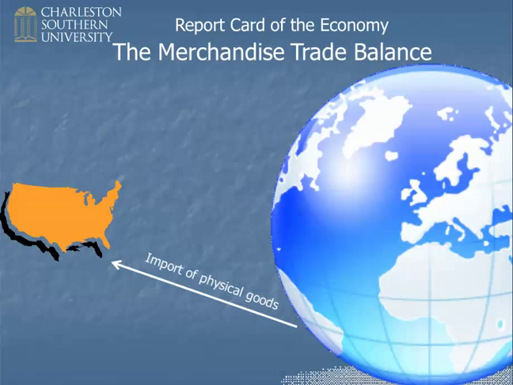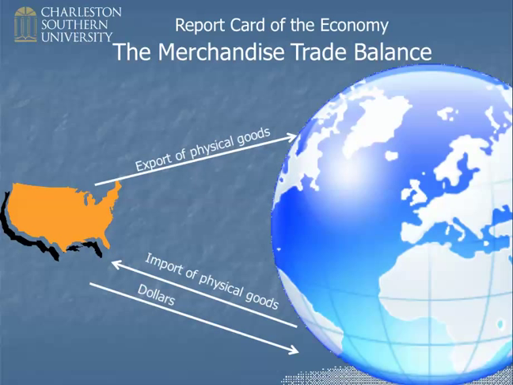But the merchandise trade balance focuses only on tangible, physical goods. And then of course we would pay for those things with dollars, and then we would sell physical goods to the rest of the world, and they would pay for them with dollars. So the merchandise trade balance is just the accounting of those physical goods. And in case you didn't know, it's been in deficit for quite a while.